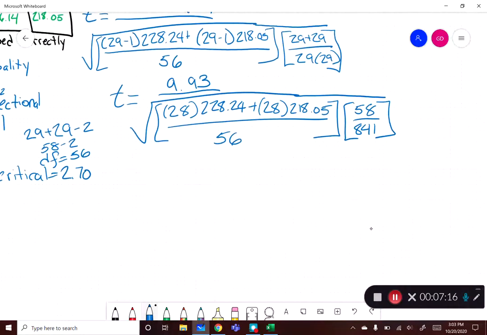All right, so let's continue to solve for t to get our obtained value. So we still have 9.93.